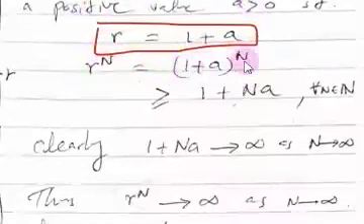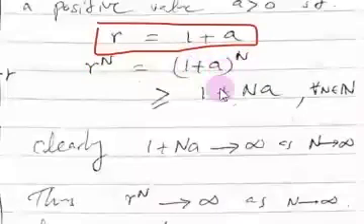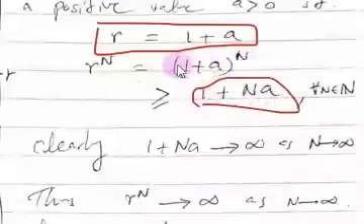So you can apply the binomial expansion. This is the first two terms of the binomial expansion. Because a is a positive number and 1 is a positive number, when you expand this you get everything positive. So these are two terms of that binomial expansion. Definitely this value is smaller than the full binomial expansion.